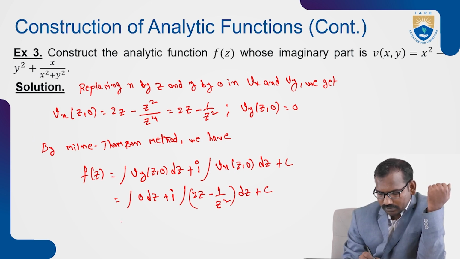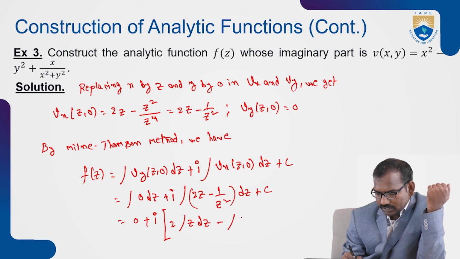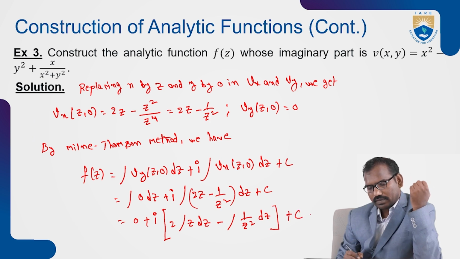So the first term becomes 0. It is very clear, 0. And there is the imaginary number i, and we have 2 times the integration of z dz. Next, minus the integral of 1 upon z square dz, plus c.